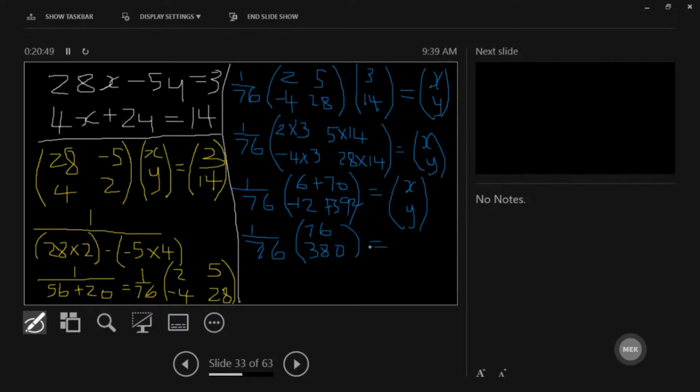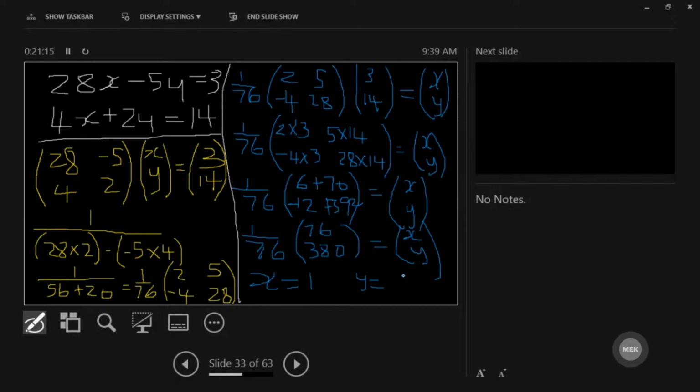So finally, we're going to multiply the 1 over 76 times each of these to get our x. The top value will give us the x, and the bottom value will give us the y. So x would be 1 over 76 times 76, which is 1. And y would be 1 over 76 times 380, and that gives 5.